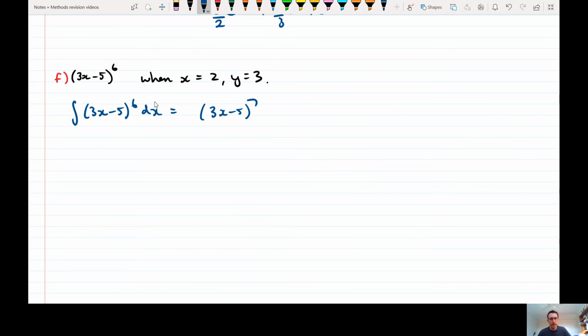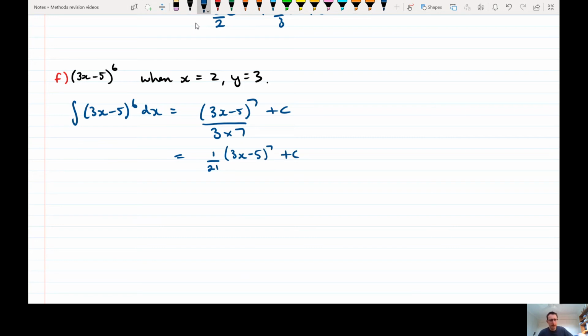So we've got to divide by this 3 and divide by this 7. Now it says times in the denominator, but if I multiply in the denominator, you end up dividing the overall thing by 7 plus c, and that gives you 1 over 21, 3x take 5 to the power of 7 plus c.